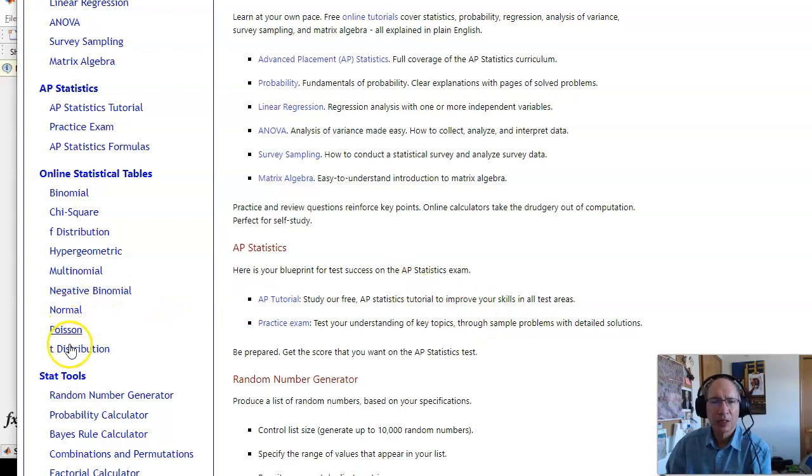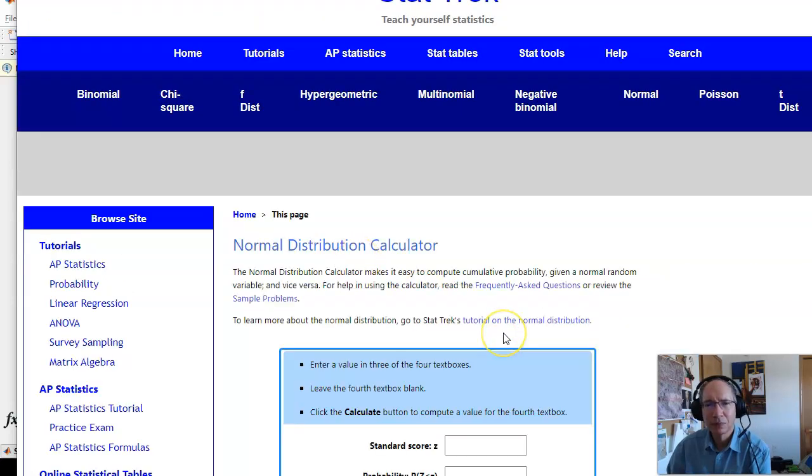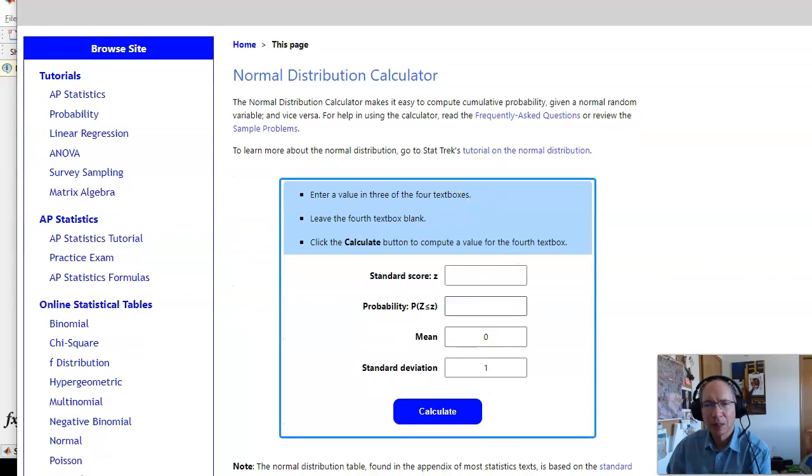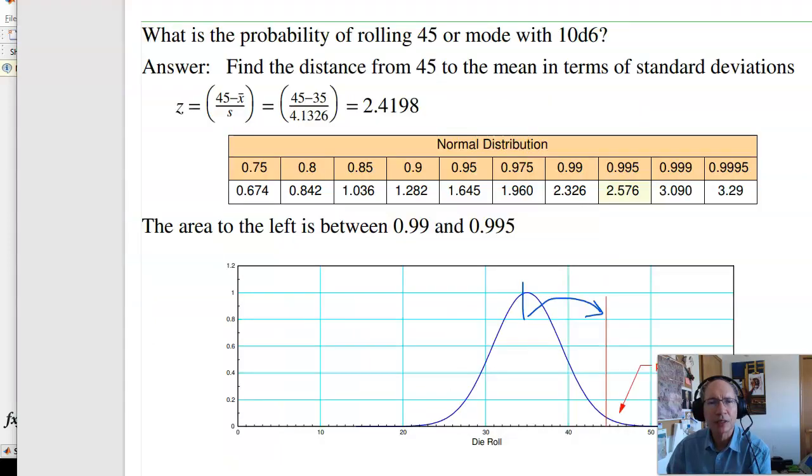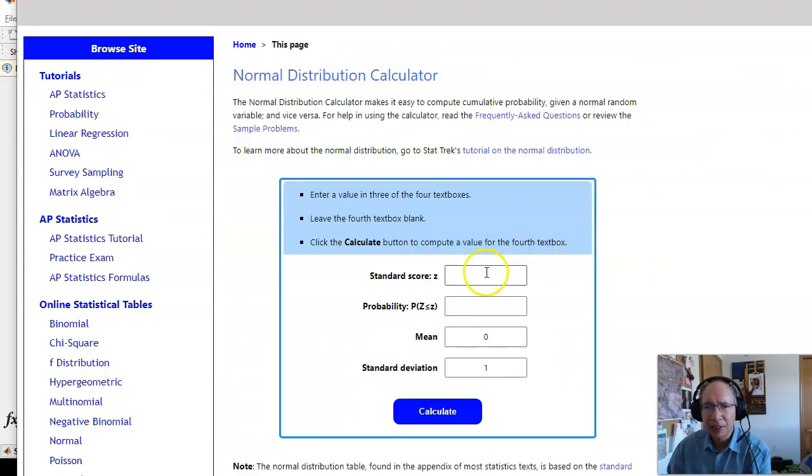Go to Stattrack and pull up a normal distribution. There are a couple ways to do this. I am 2.4198 standard deviations away. Standard normal has a mean of 0, standard deviation of 1.